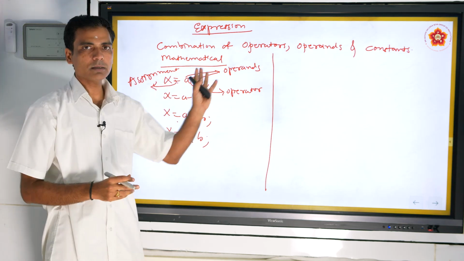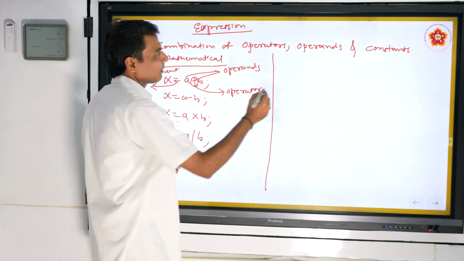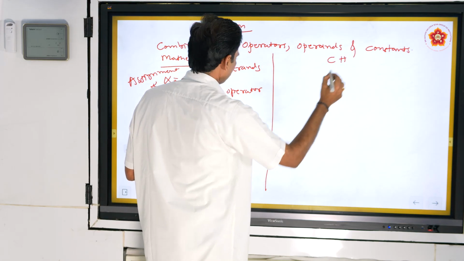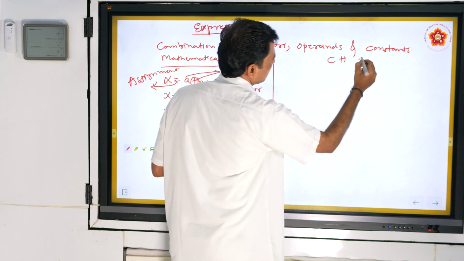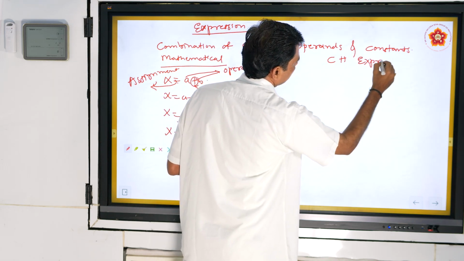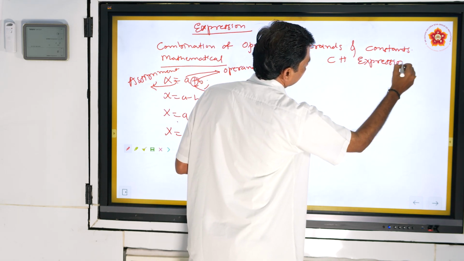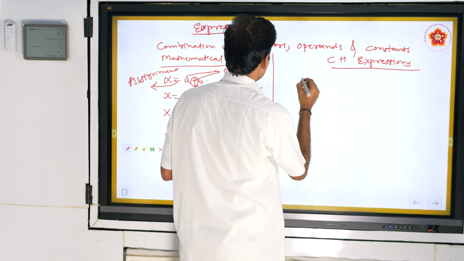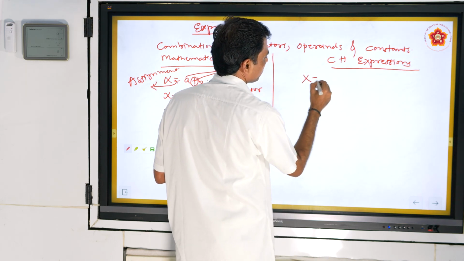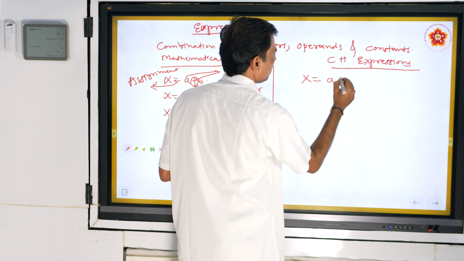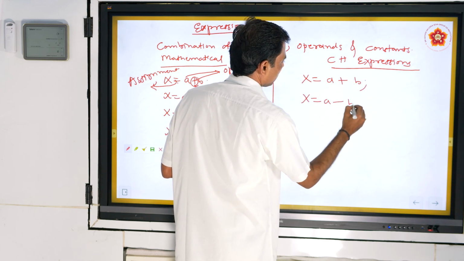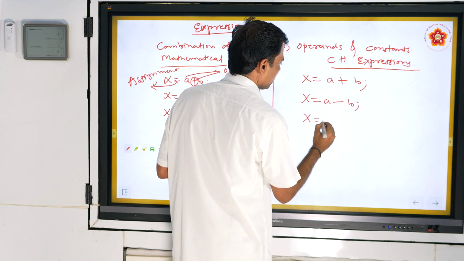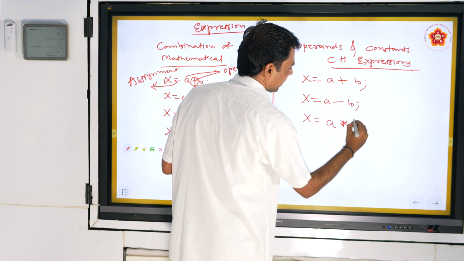The same statements, how can we write in C++? The first two are the same, x is equal to a plus b, x is equal to a minus b. But here you have to use the C++ operator.